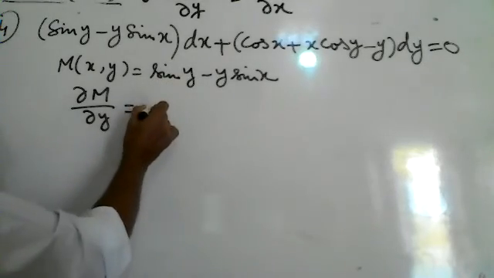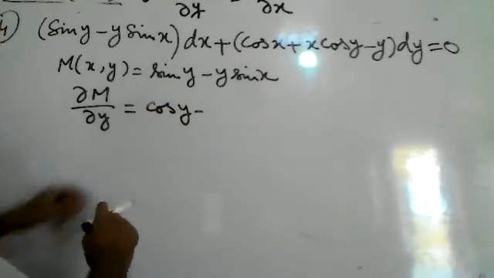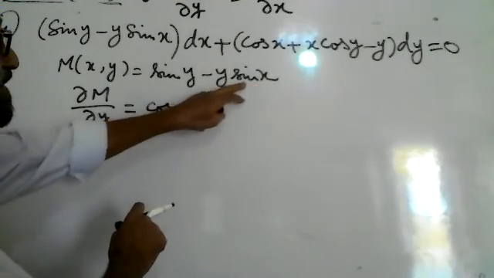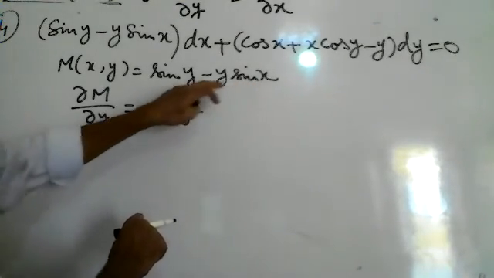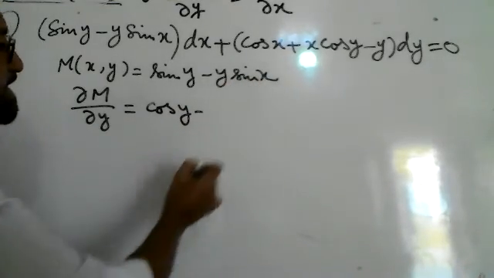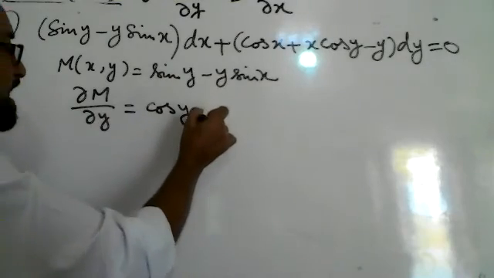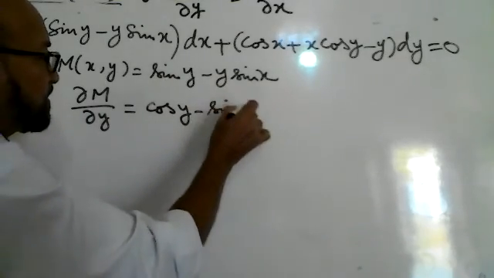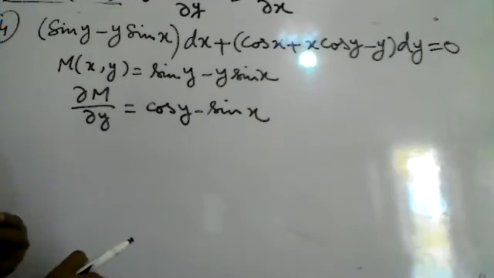So sin y will be cos y minus, there is y, this is not a function of y, so sin x will be considered as constant. The derivative of y will be 1, and 1 into sin x will be sin x. This is the answer of partial M upon partial y.